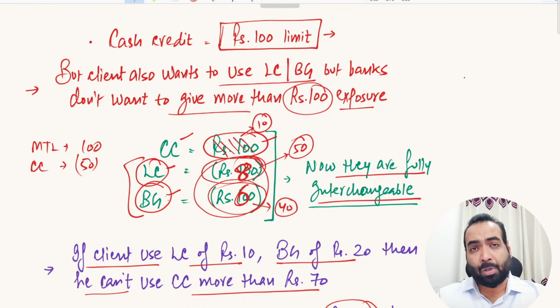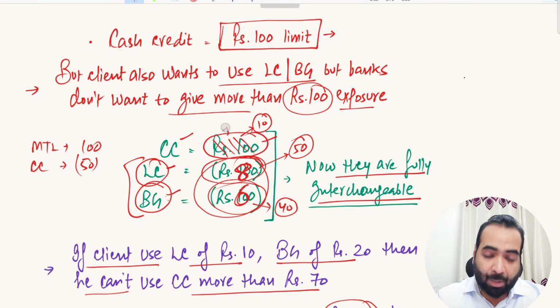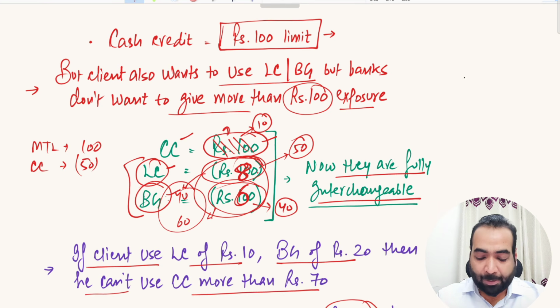So the bank will put some kind of restriction in order to make it mandatory that you use some part of the CC limit also, right? Here this example is again incorrect, because one can use LC of 40 rupees and BG of 60 rupees, and then both of these can be used up to 100 rupees. So there is a gap here which cannot be allowed by the banks, but I hope you have understood what I am trying to explain to you, right?